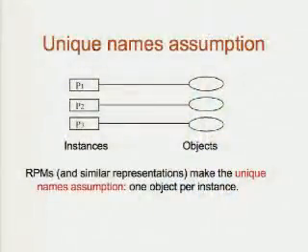Sorry, is it a one-to-one mapping or a many-to-one mapping? Given a fixed RPM, does it map uniquely to one single base net in terms of dependency? Well, an original RPM does, because it has this iota mapping where each instance is exactly one object.